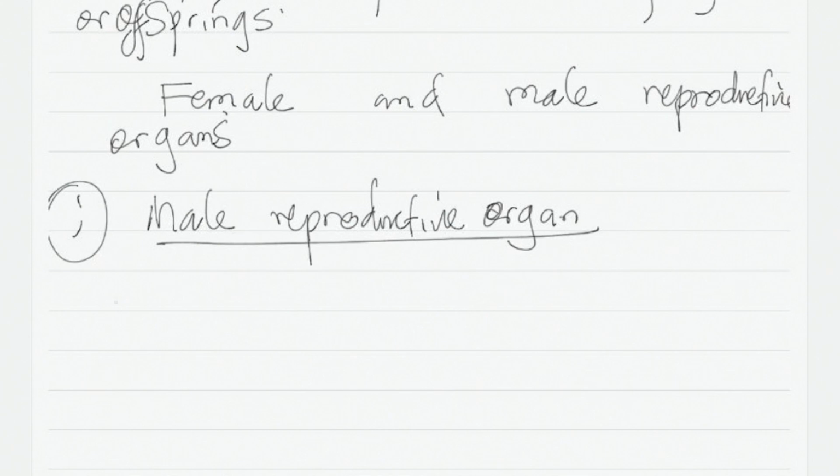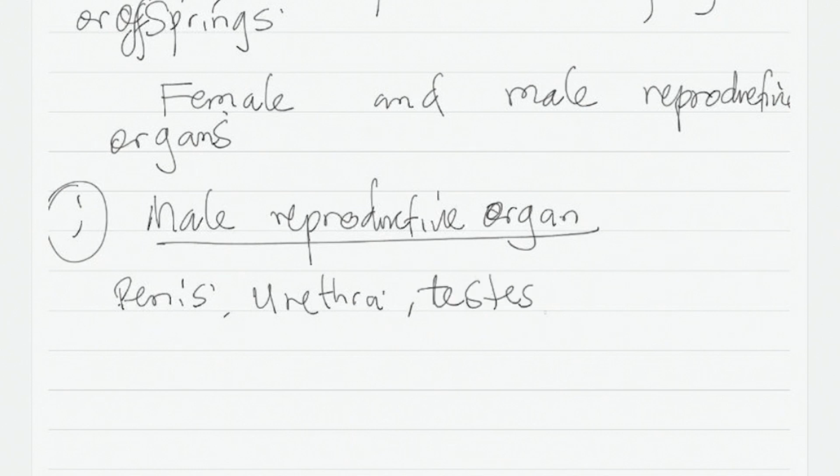The male reproductive organ has parts such as the penis, the urethra, and the testes. When they are two, they are called testicles, but if it is one, it is a testicle.